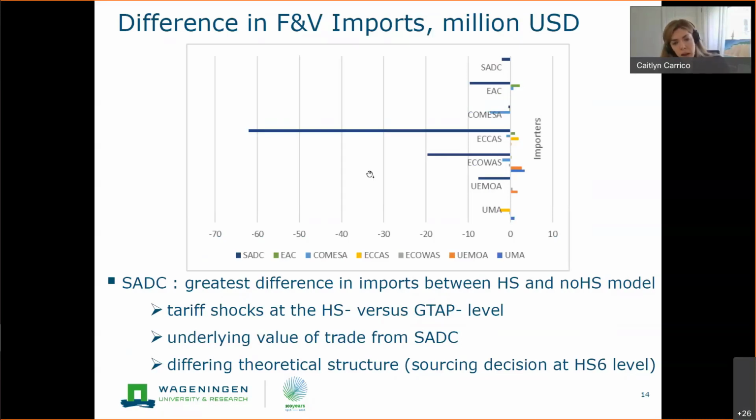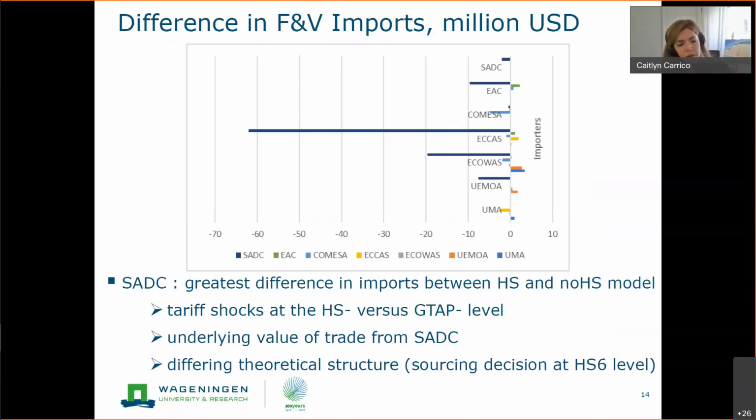And keep in mind, again, SADC was a major exporter. So what you're looking at here, when you see this line, it's the exports coming from SADC. So we see across the board, there's the biggest difference between the models in terms of this major exporter.